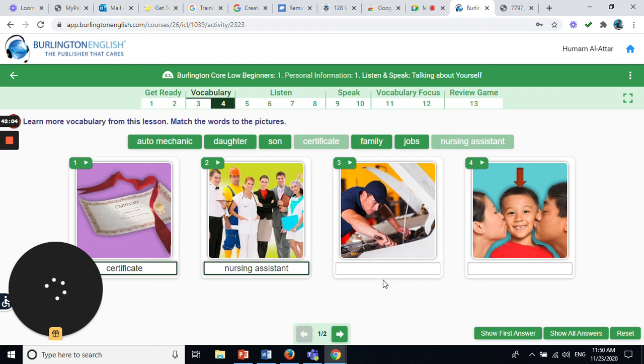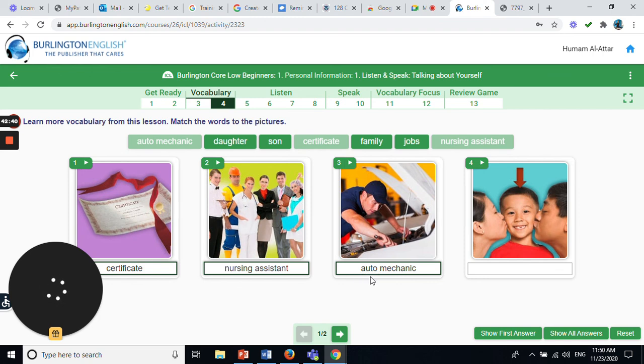What do we call him? What do we call this man? Do we call him daughter? Or son? Family? Jobs? Or auto mechanic? Auto mechanic. Very good.